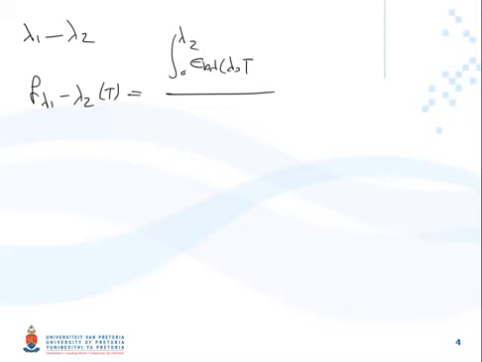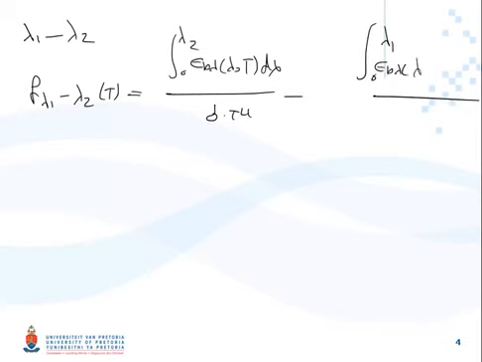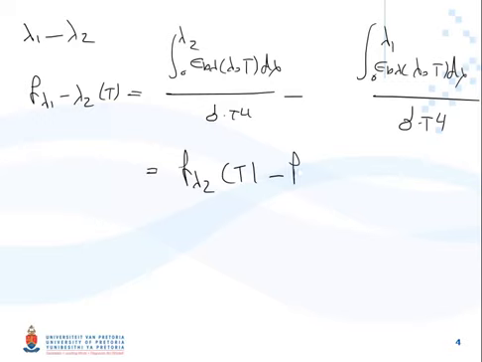Basically it is F lambda 1 to lambda 2 T. We said that it can be calculated as the integral from 0 to lambda 2 of E_b lambda d lambda over sigma T^4 minus the integral from 0 to lambda 1, which is equal to the blackbody radiation function for lambda 2 minus the blackbody radiation function for lambda 1.